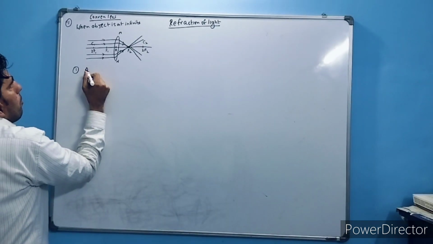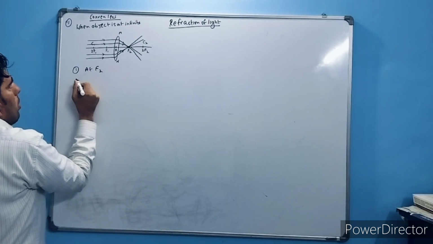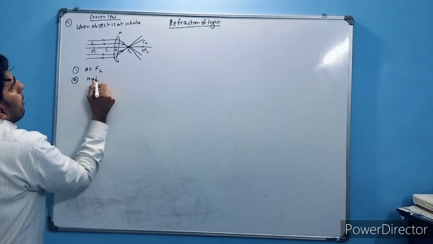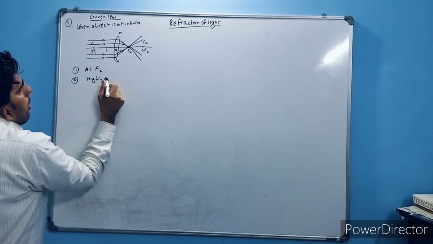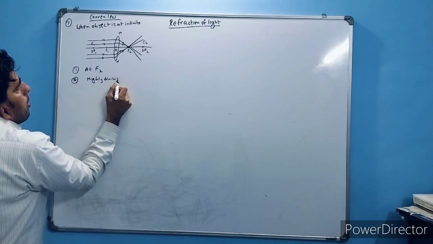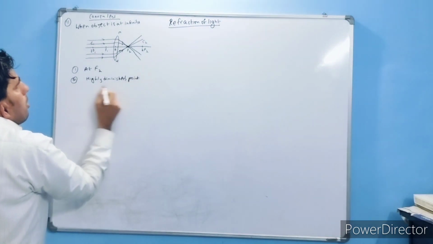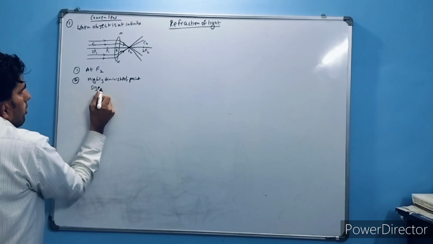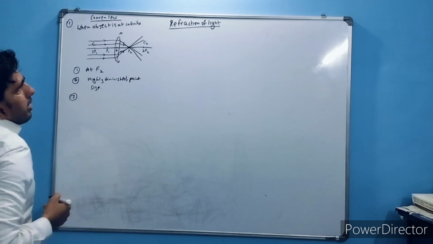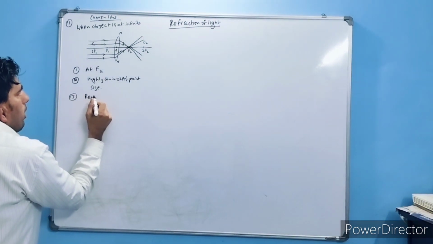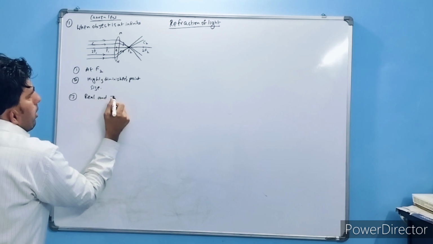First of all, it will be formed at focus F2. Second thing, it will be highly diminished, point size. Third one, the nature of the image will be real and inverted.